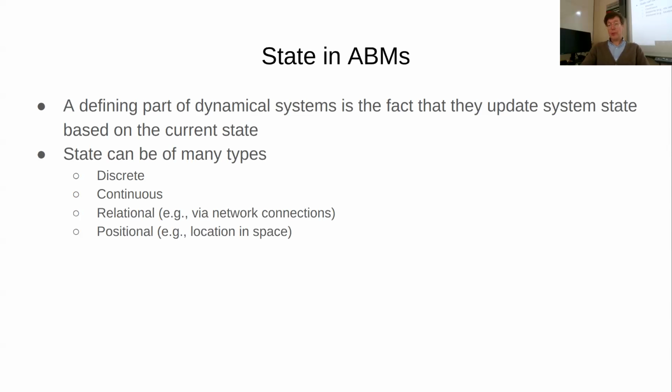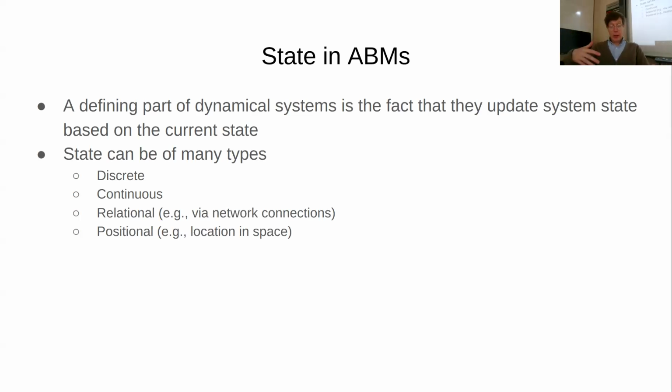Where often the term dynamical system is used specifically to refer to systems whose evolution depends on their current state. How things change depend on what is the case right now. And whether you're characterizing stock and flow models, compartmental models, in other words, ODE models on the one hand, or agent-based models on the other, or for that matter, discrete event simulation models, they all share that general characteristic.